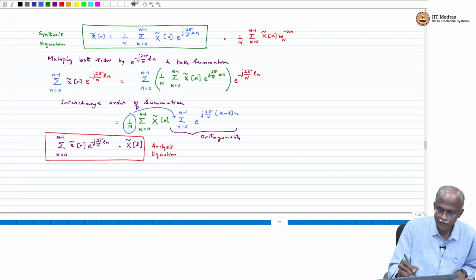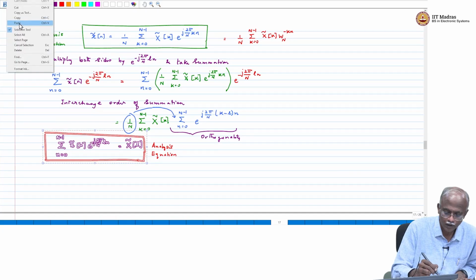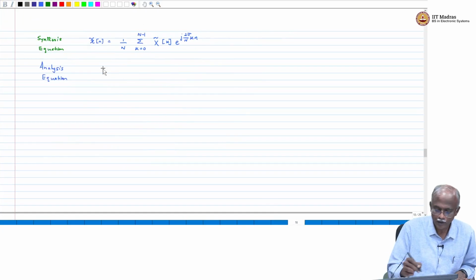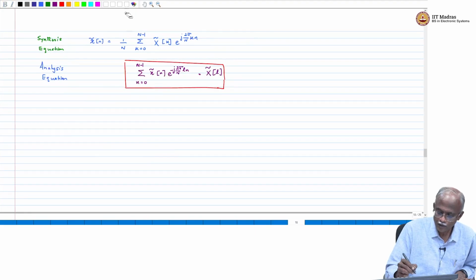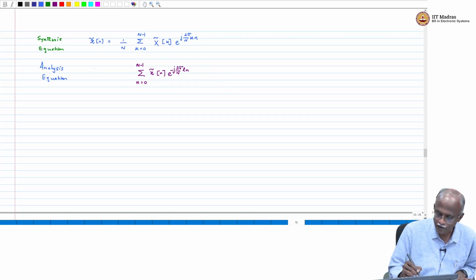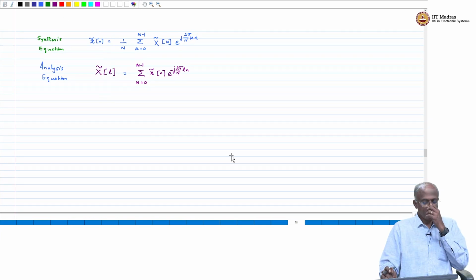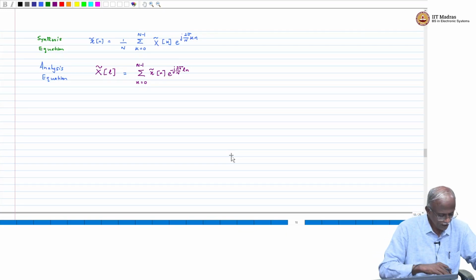We'll just write that down. Remove the box and x tilde of l. So you have right there the synthesis equation and the analysis equation.